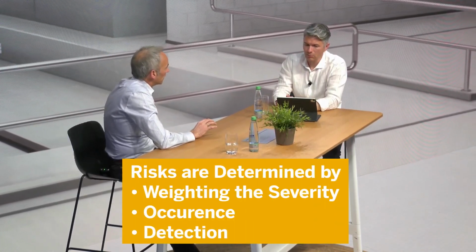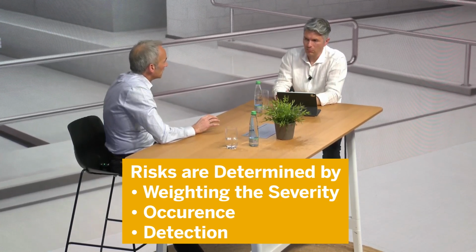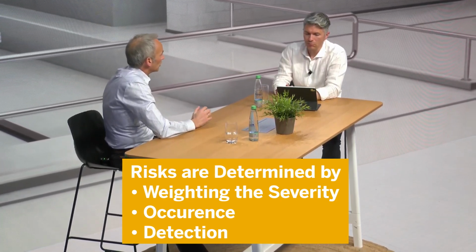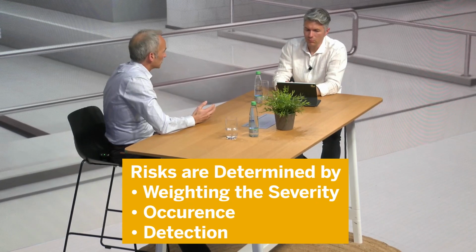With the action priority, the risks are determined by weighting the severity the highest, then the occurrence, and last the detection. And the result can directly be determined in the action priority table.